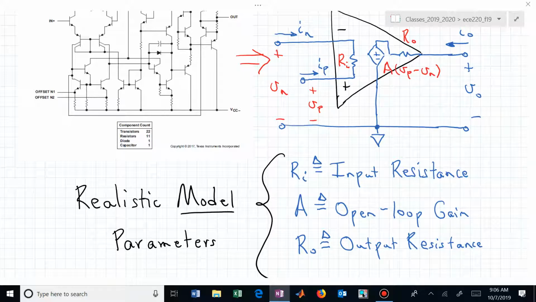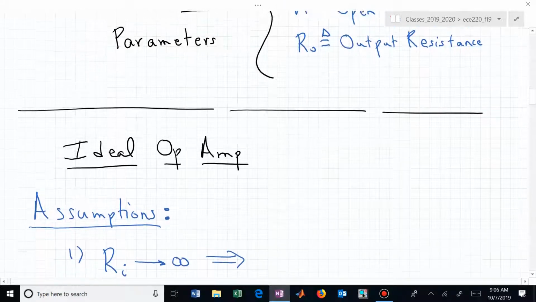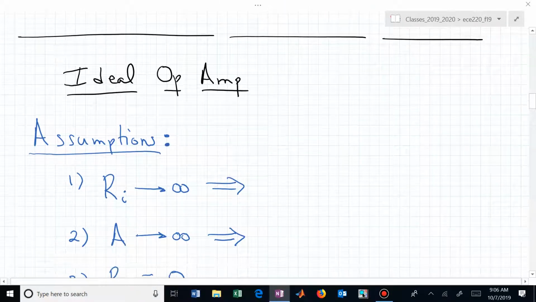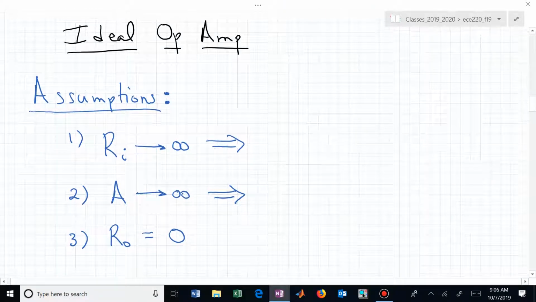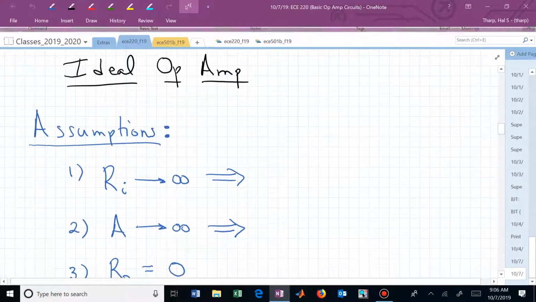But even before we get there, we can look at an ideal op amp. In the ideal case, we make some assumptions. We let the input impedance go to infinity. What does that allow us to do?